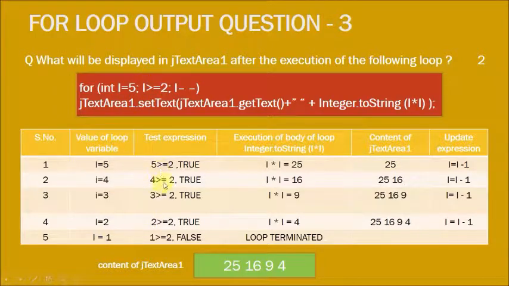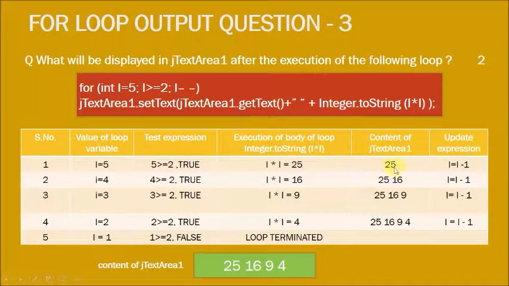As 4 is greater than or equal to 2, this condition is true, so again the body of the loop will be executed. First this statement will be executed, as the value of i is 4, so 4 into 4 is 16. Now this statement will get the text stored in jTextArea1.